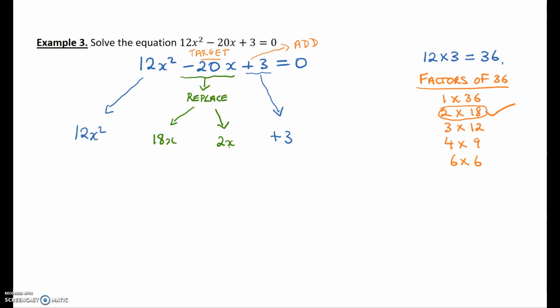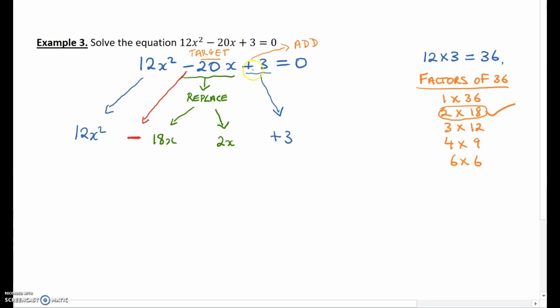There's two different ways you can do it. You can follow this very strict rule: the first sign in the problem goes in front of the bigger number. So you can put a minus with the 18. And then the question ended in a plus.